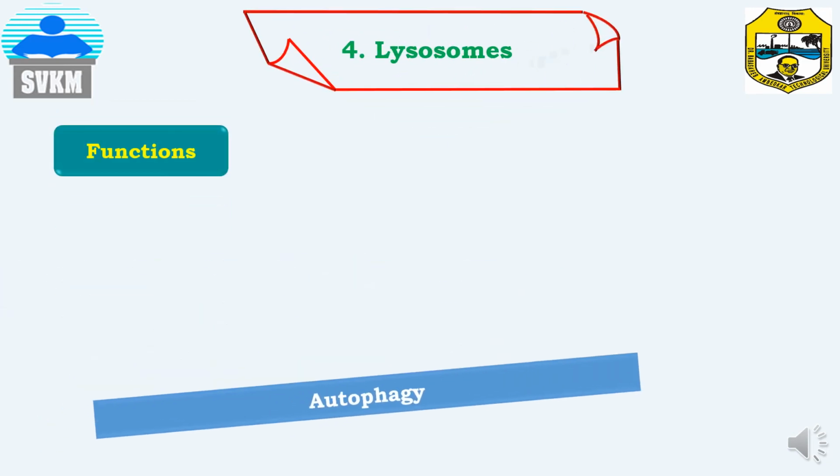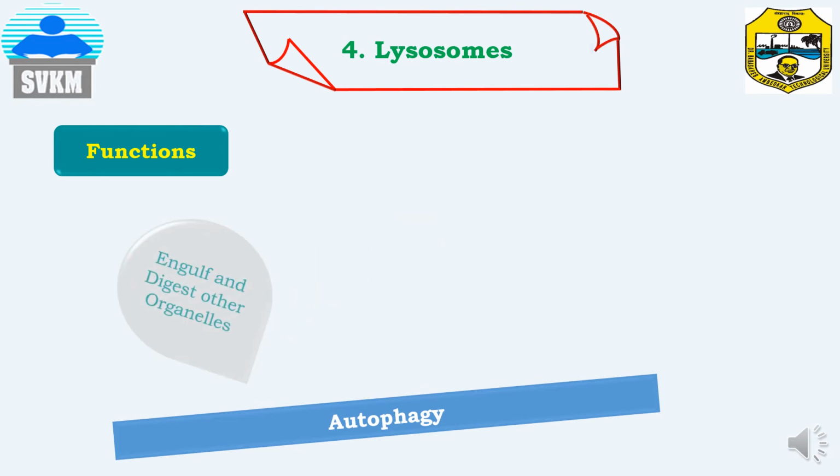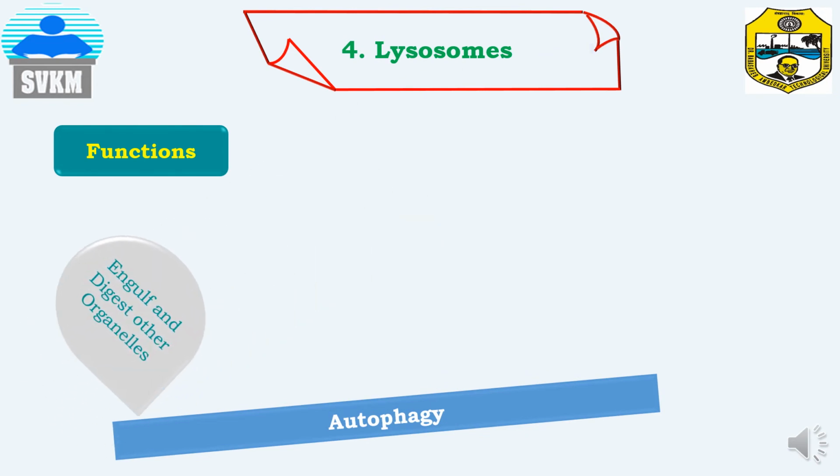Functions. The first function is autophagy. Autophagy is the engulfing and digesting of organelles, and the digested organelles are reused. This mechanism of engulfing, digestion and reuse is called autophagy.